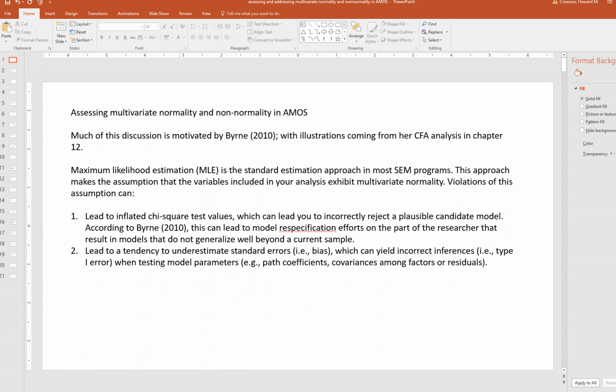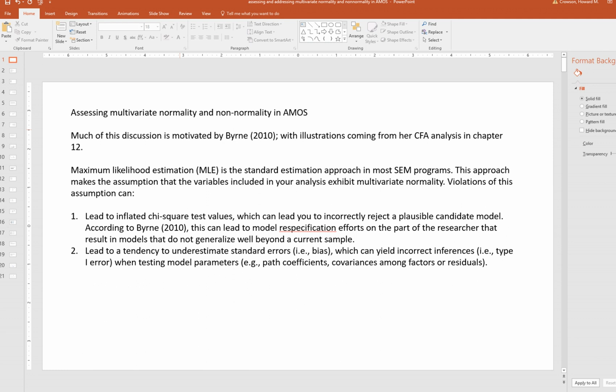Violations of this assumption can lead to inflated chi-square test values, and it can lead you down the road of trying to respecify a model that otherwise would be good fitting if we weren't violating that assumption. So it can lead you to model misspecification.